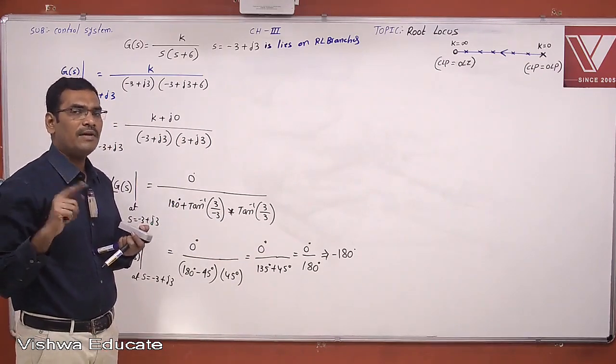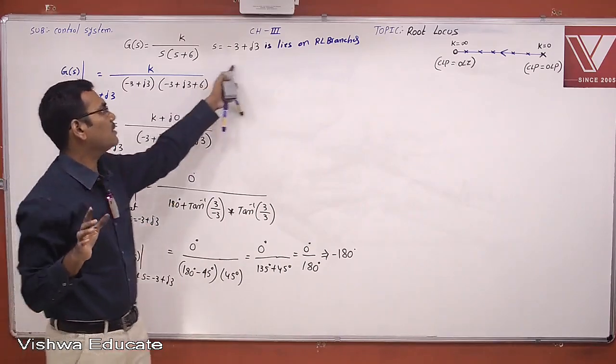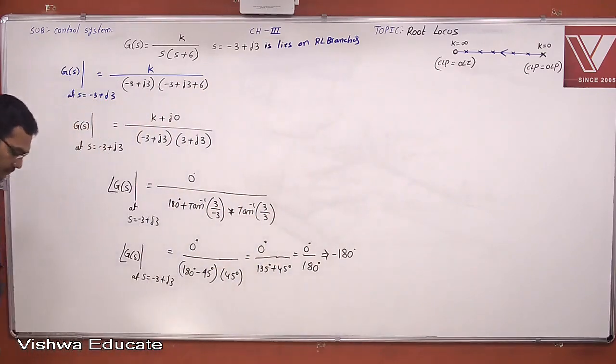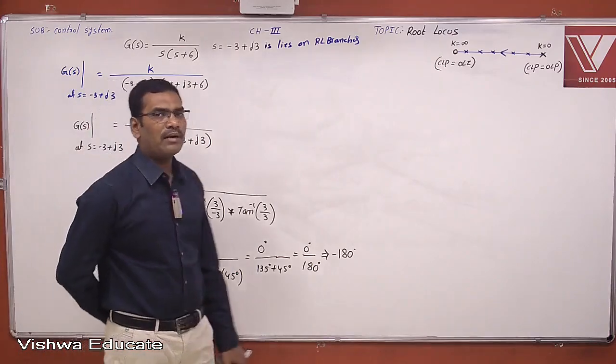Now he is asking part B. First he is asking whether this particular point lies on the root locus branches or not.